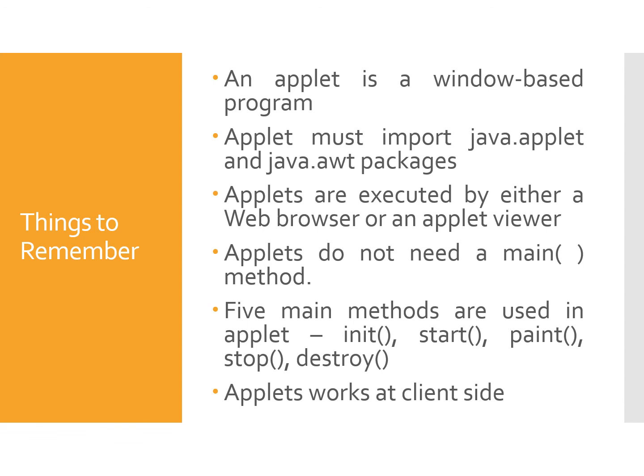Applets are executed by either a web browser or an applet viewer. Applets do not need a main method. 5 methods are used in an applet: init, start, paint, stop and destroy. An applet works at the client side.